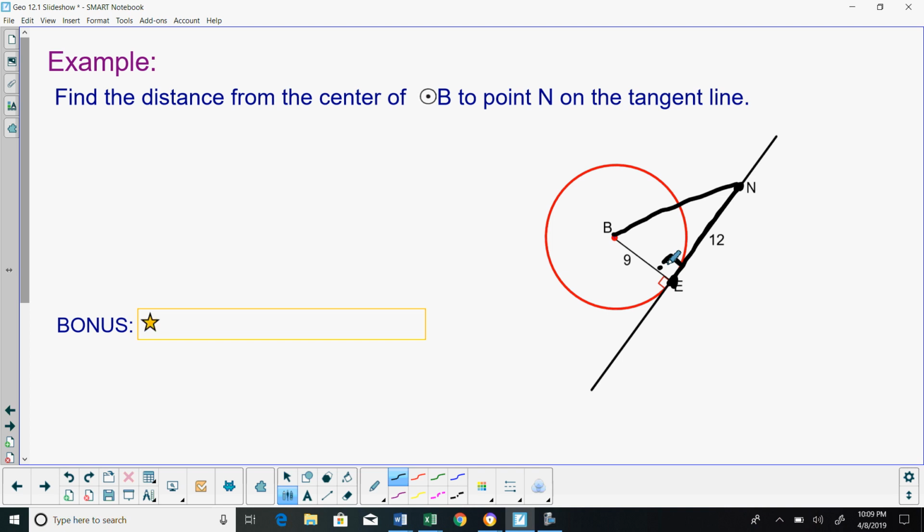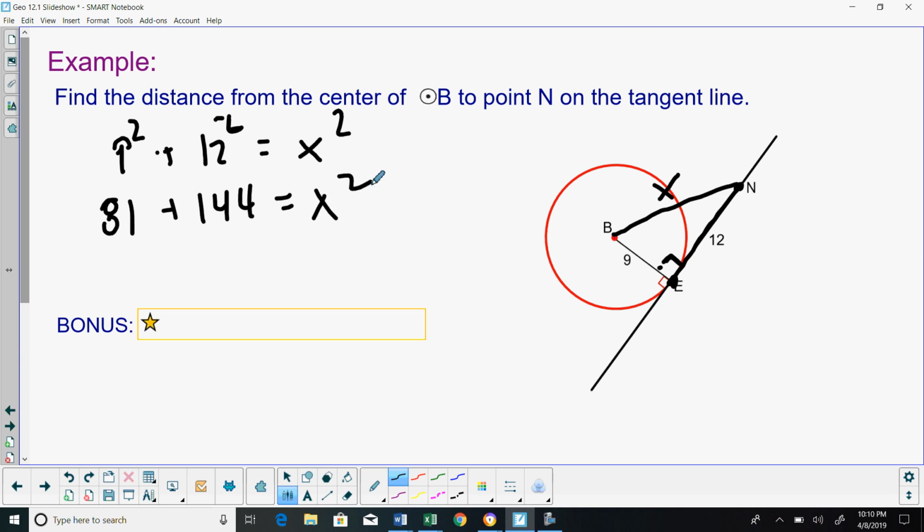And so in this case, we can set up the Pythagorean theorem and say 9 squared plus 12 squared is equal to, I'll call this x, x squared. So we get 81 plus 144 is equal to x squared. Let me grab my calculator.